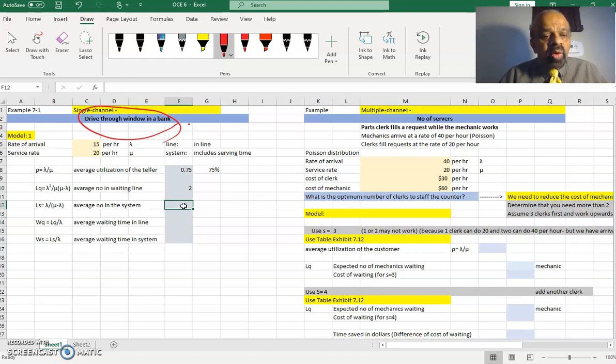So the average number in the system is LS, which is going to be equal to lambda, which is 15, divided by mu, which is 20, minus lambda, which is 15, and that comes to 3. So there are 3 people in the system and 2 people in the line.